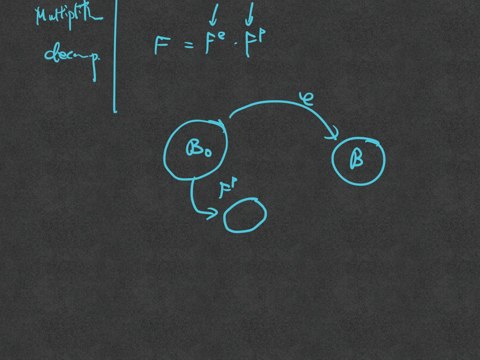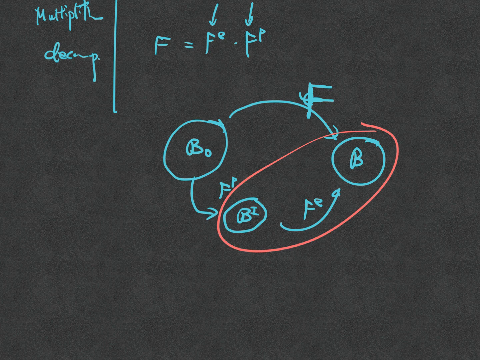Does that make sense? Then I would apply, let me do this, this is not completely accurate. So this is the F. This is already the linearized mapping. I want to be able to split it into two mappings so that I have this intermediate configuration that only applies the plastic part of the deformation gradient, and then I apply the elastic part. So this portion of it gives me the change of the stress.